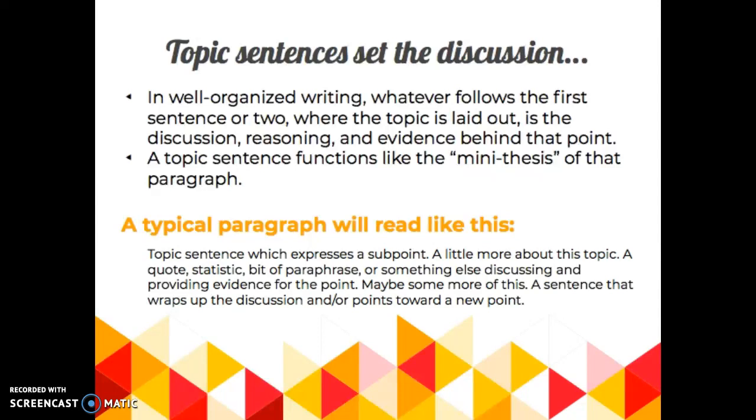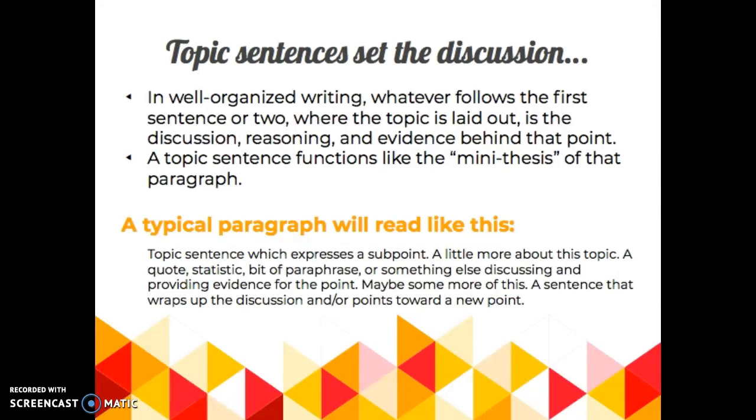So a typical paragraph will look like this. You'll have a topic sentence which expresses a subpoint. Then you'll have a little bit more about this topic. Then maybe a quote, a statistic, a bit of paraphrase from a source, or something else discussing and providing evidence for that point, of course with a citation. And maybe you'll have another one of these, another piece of evidence.